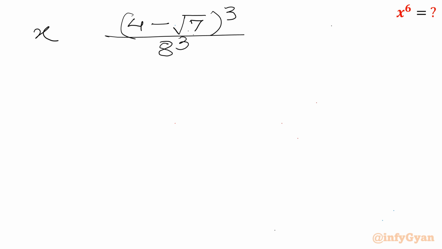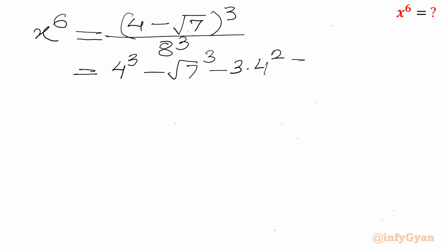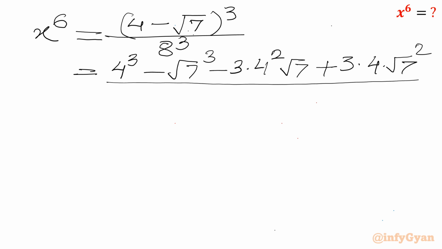This is our expression x power 6. A minus b whole cube we can apply. So a cube minus b cube minus 3a square b plus 3ab square divided by 8 cube.